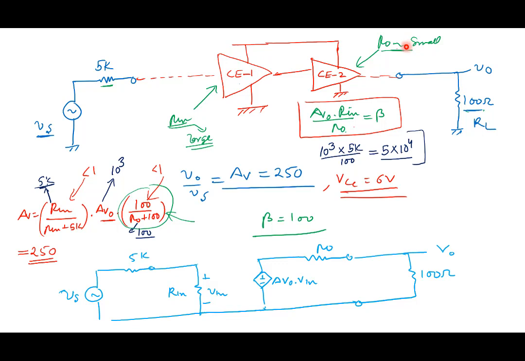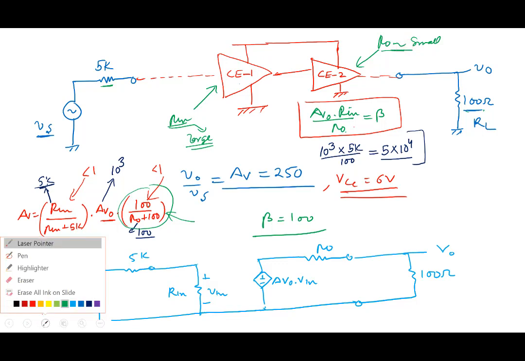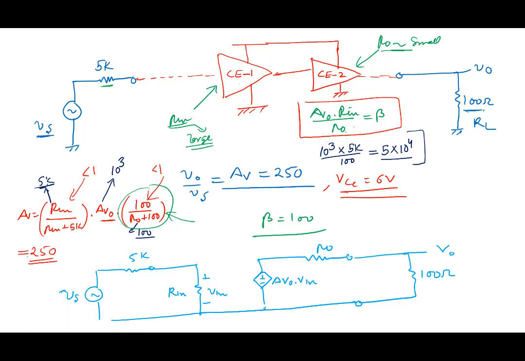Now you may find that two stages are not enough, and you may require a three-stage amplifier. So you may want to add another stage here. Let's call these CE1, CE2, and CE3.